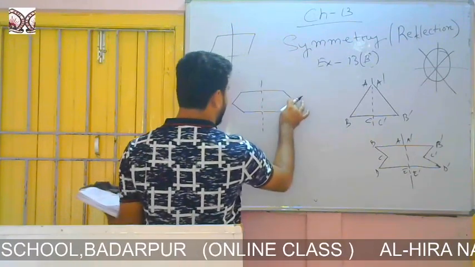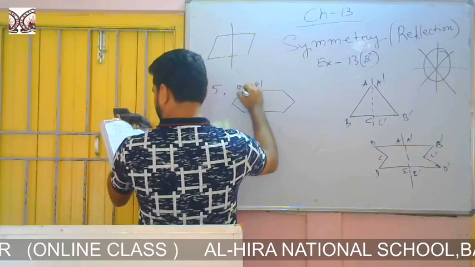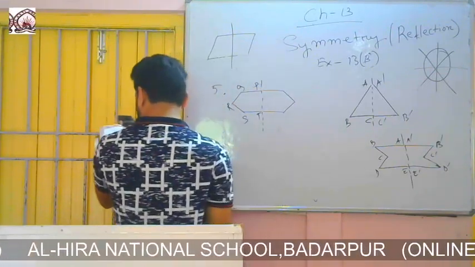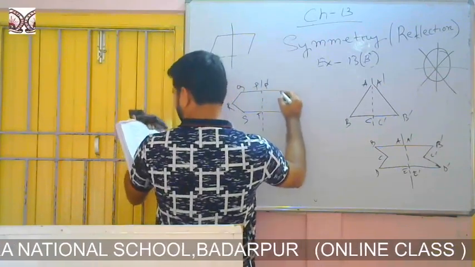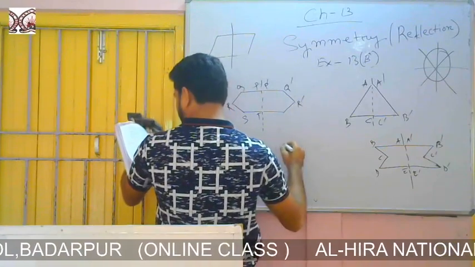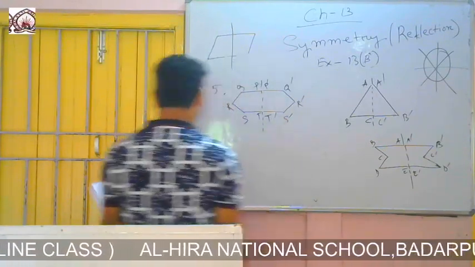If the names are given P, Q, R, S, T, then it will become P dash, Q dash, R dash, S dash, T dash.